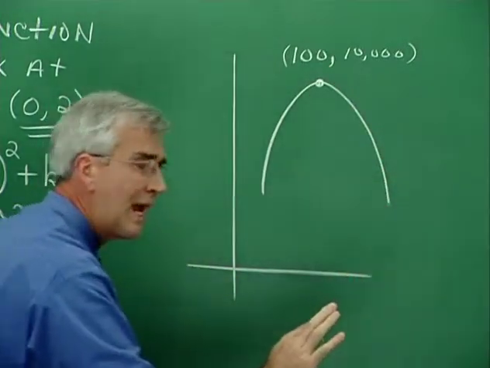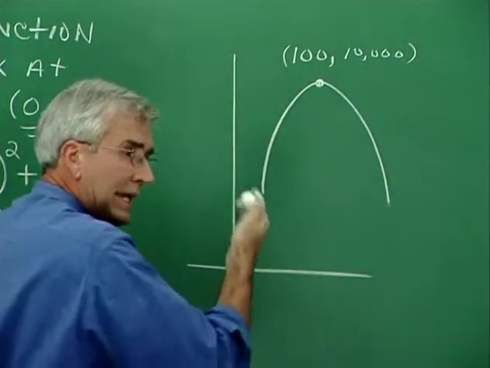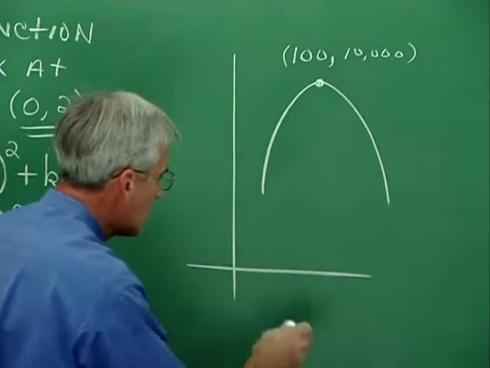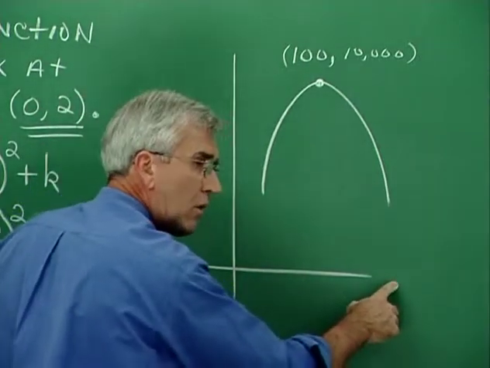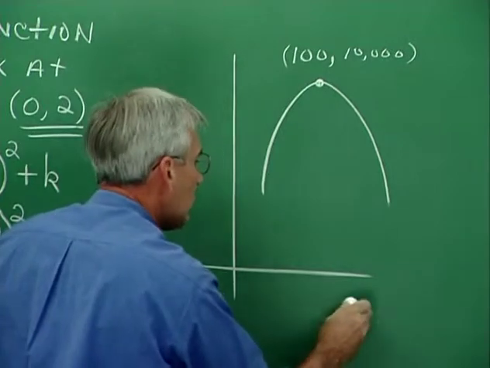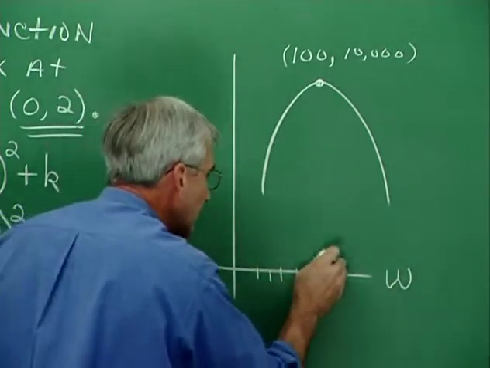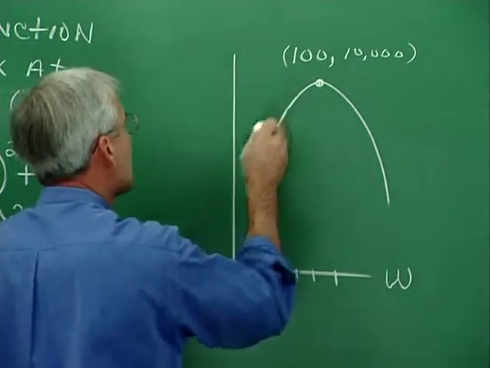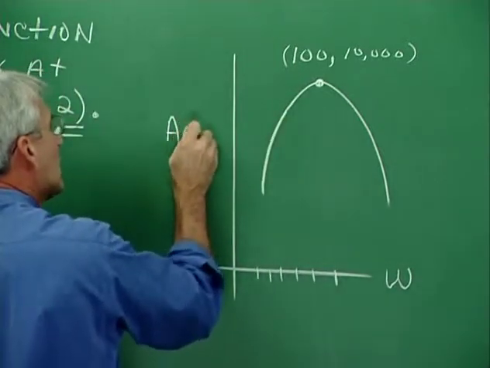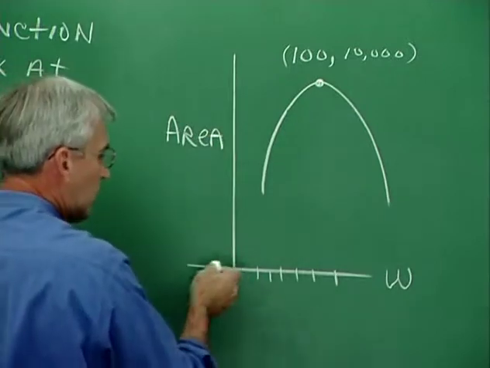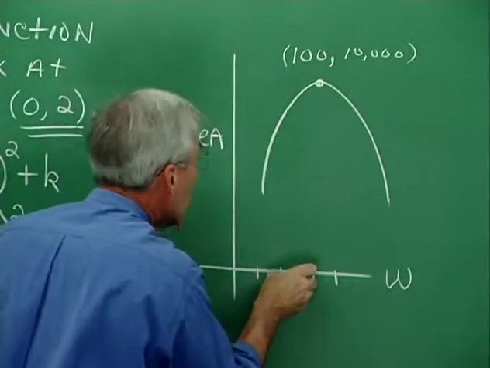Now realize what we have here. This is area in terms of width. So all the values out here, although we're calling them x's, are really width values. And for values of the width, we're getting values up here that are area. You see, so for a width here, we have an area.